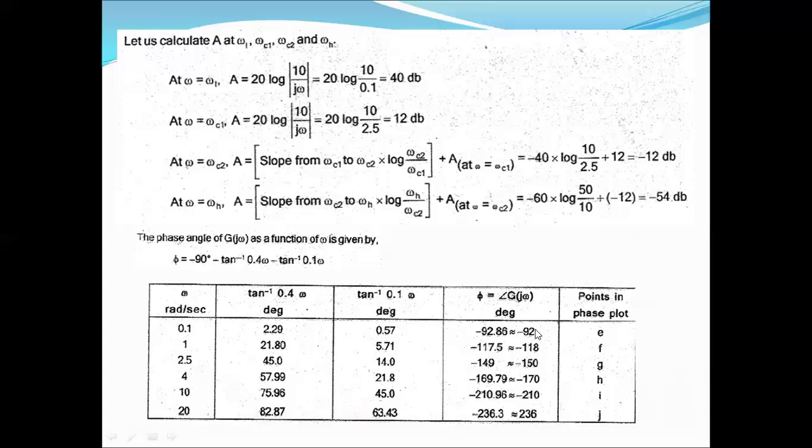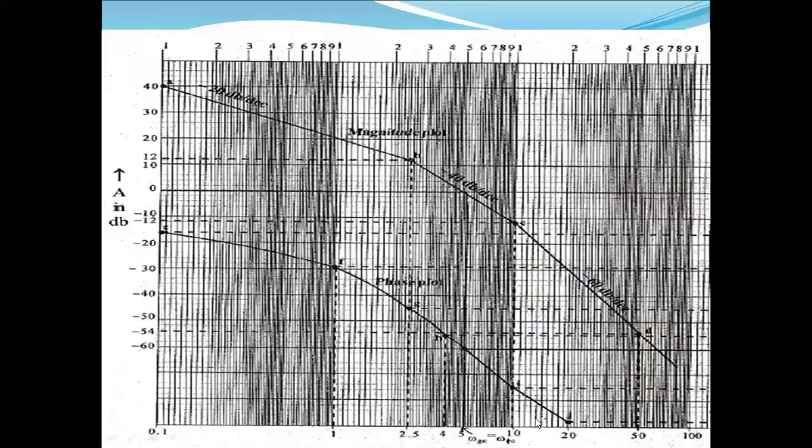So it ranges from minus 92 to minus 236. Okay, so it is minus 236. And here you can see, for each corner frequency, the x-axis is marked starting at 0.1.